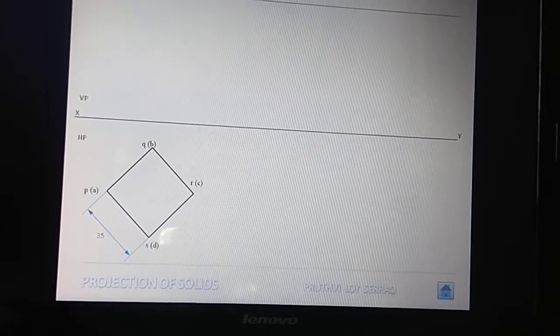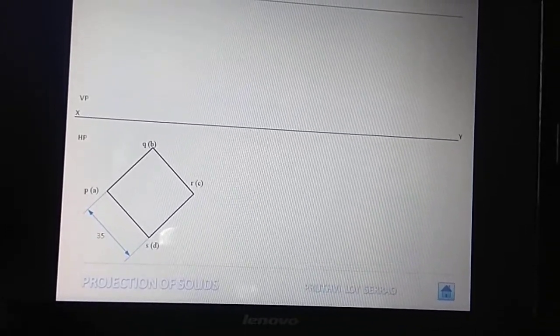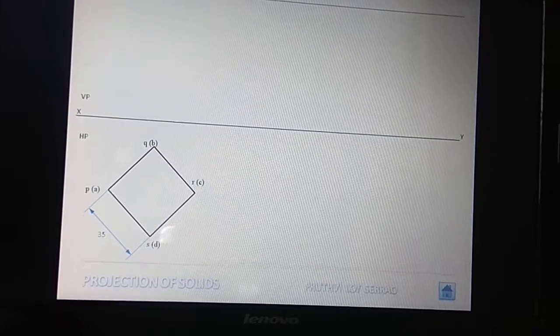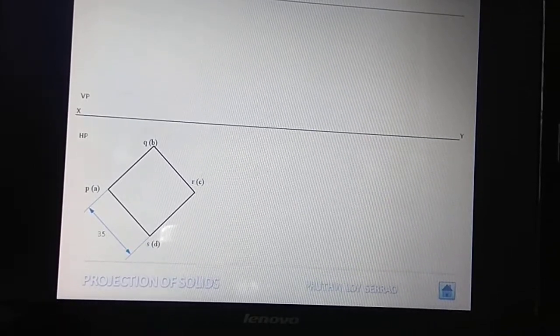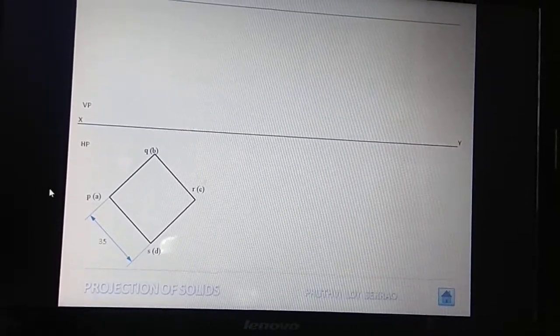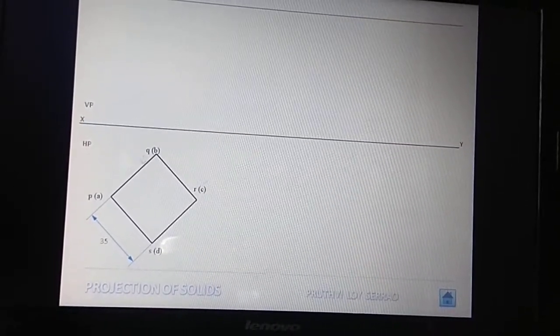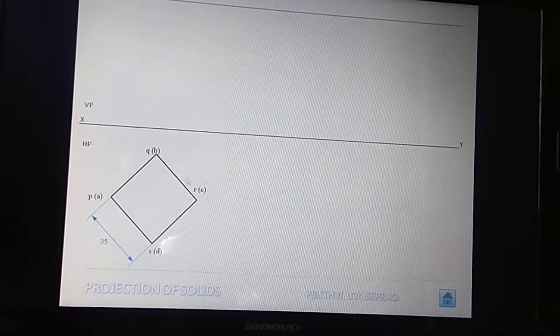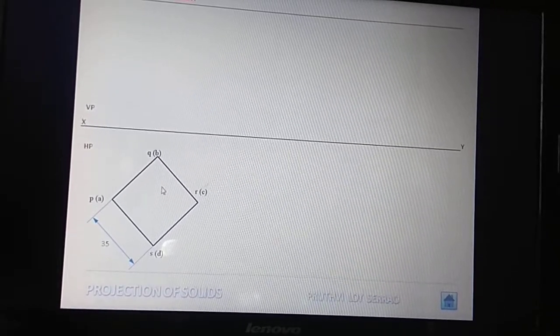The top and bottom faces are square in nature. The top face four corners are represented by P, Q, R, S. These outside the bracket are the top face, when you are viewing from the top view.